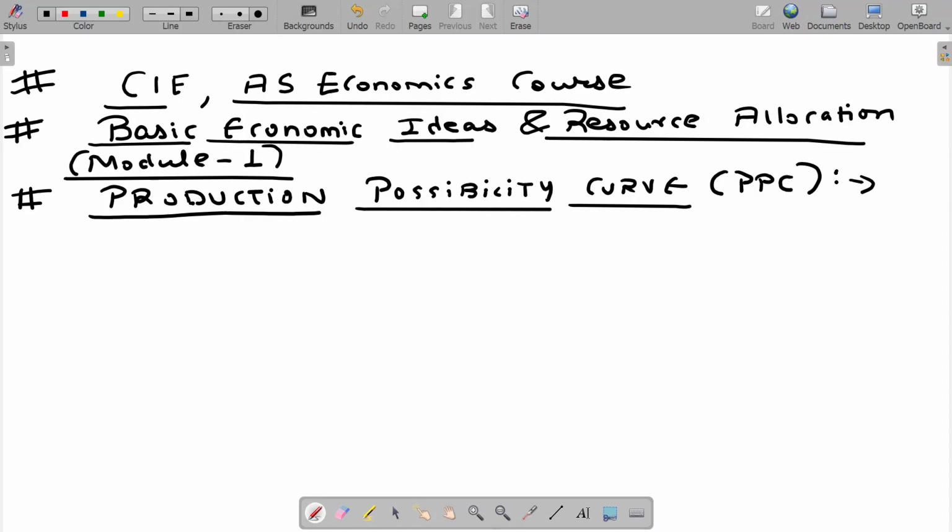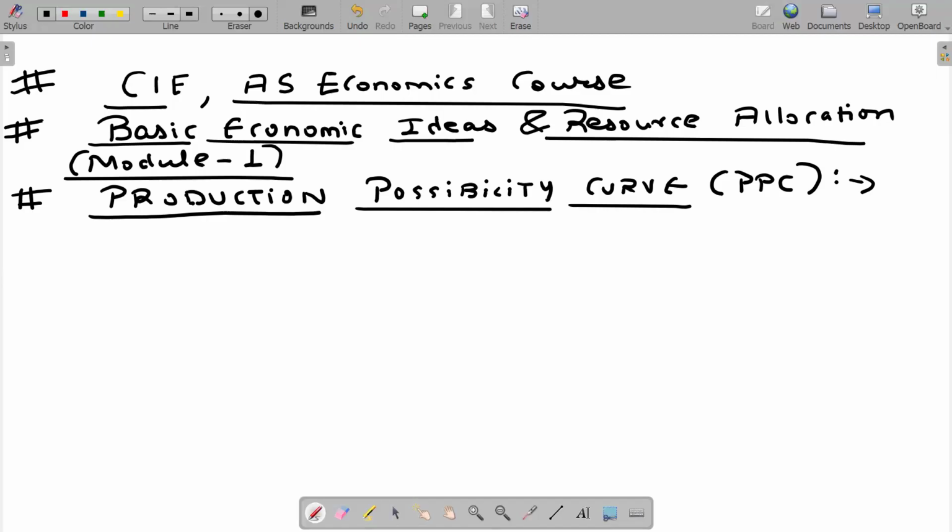So wheat gives the farmer 50,000 rupees, rice gives the farmer 70,000 rupees. If the farmer takes the decision to produce wheat, the opportunity cost of producing wheat is 70,000 rupees worth of rice foregone.